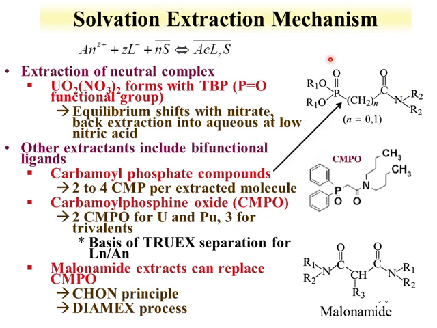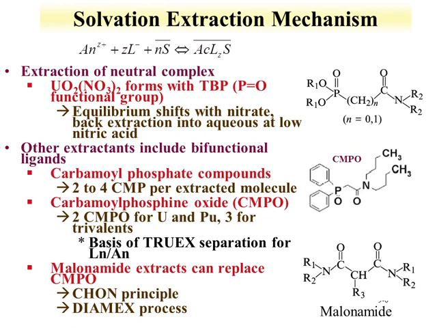Again, this is our functional group. Metal ions can coordinate over this moiety. CMPO, phosphine oxide compound. This is the basis for the TRUEX separations for actinides and lanthanides. Again, the metal ion would coordinate at this location. This neutral species, very hydrophobic, pulling the complex into the organic phase.